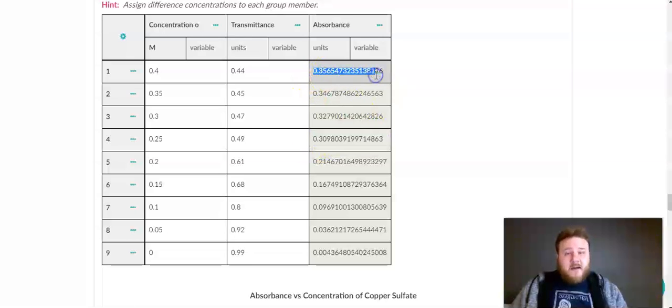It's at 0.35, then it goes to 0.34, 0.3, 0.2. So it's decreasing. As the concentration decreases, the absorbance decreases. There's not as much stuff in there to absorb the light. Therefore, the transmittance increases. More of the light passes through because there's less stuff to absorb it.